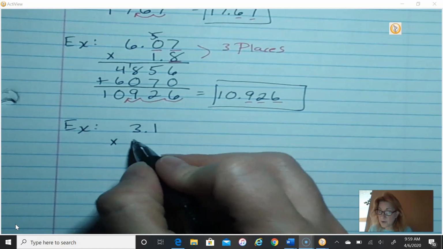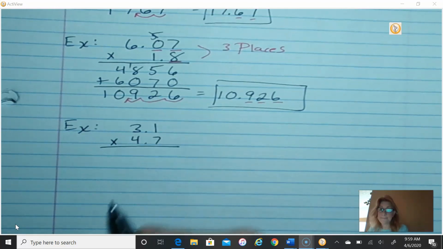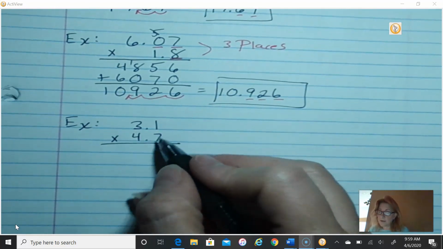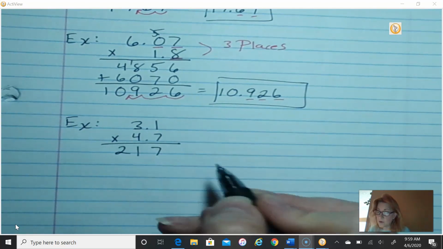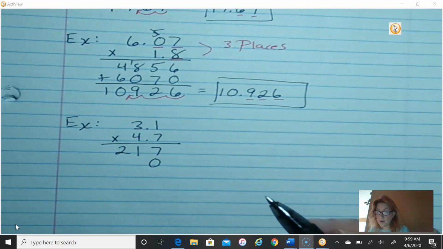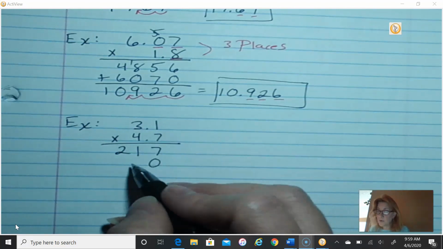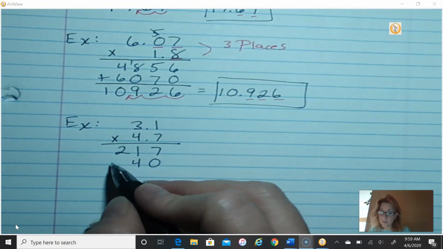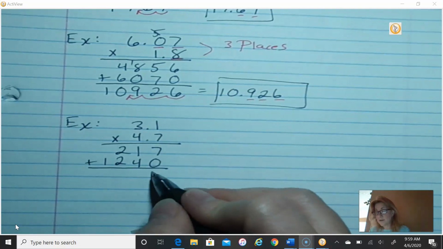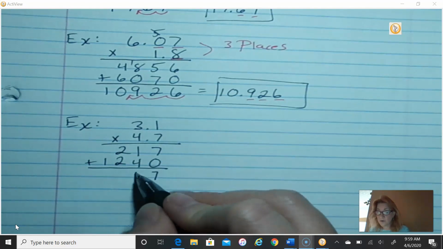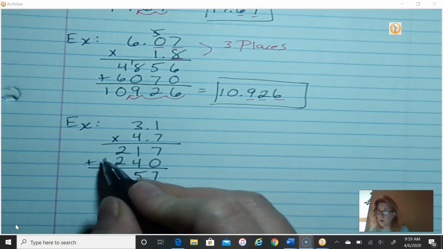3.1 times 4.7. All right, 7 times 1 is 7. 7 times 3 is 21. Placeholder 0. 4 times 1 is 4. 4 times 3 is 12. We add 7 and 0 is 7. 1 and 4 is 5. 2 and 2 is 4.